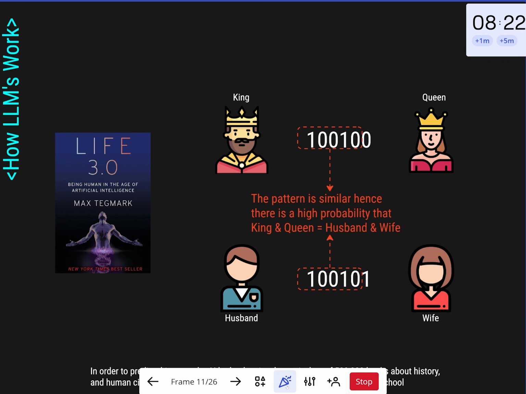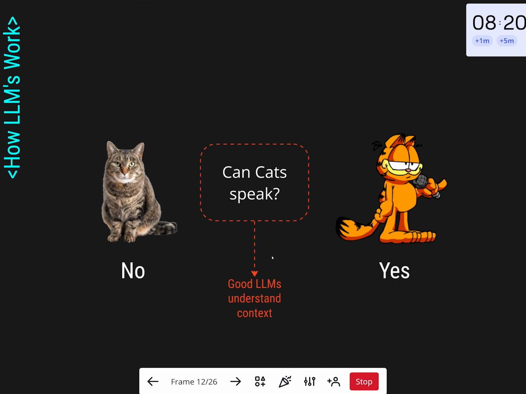Another good example of this is, for example, can cats speak? I mean, it's a general question. If I'm talking about a cartoon, then sure, Garfield the cat can speak. But if I'm talking about a real cat, it can't. So the beauty of the transformer is that it understands context.